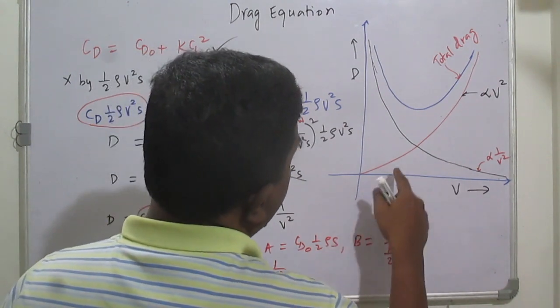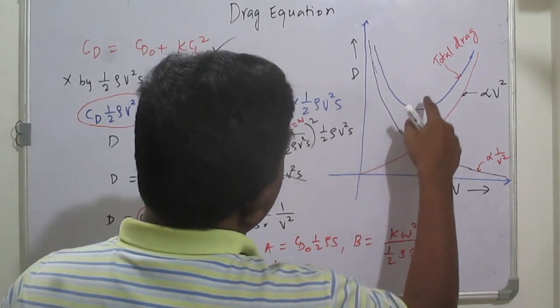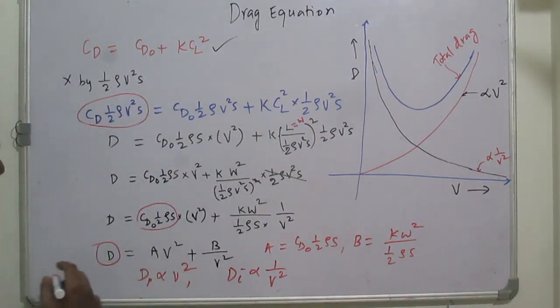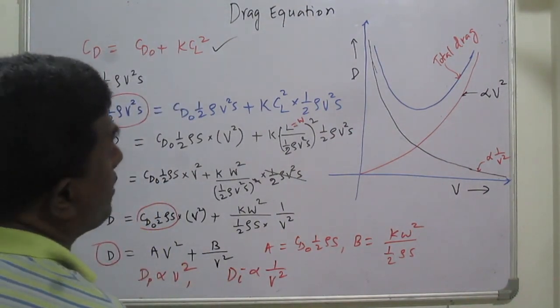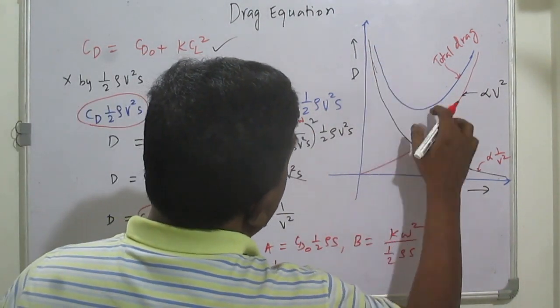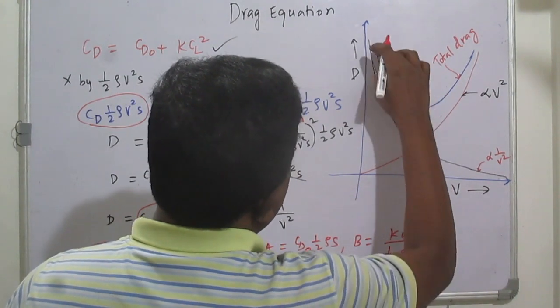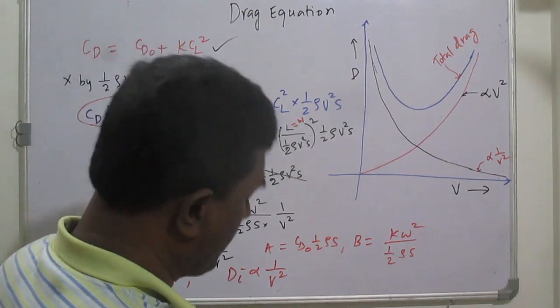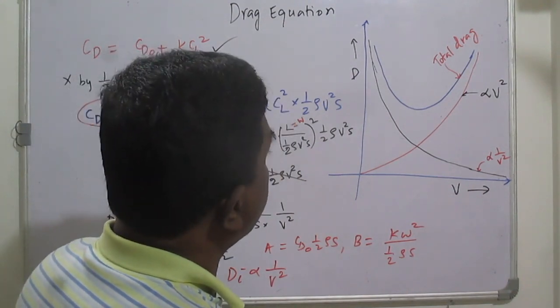The resultant of both gives the total drag. D is nothing but the total drag, and we get it as this curve. This is the total drag representation in the graphical method.